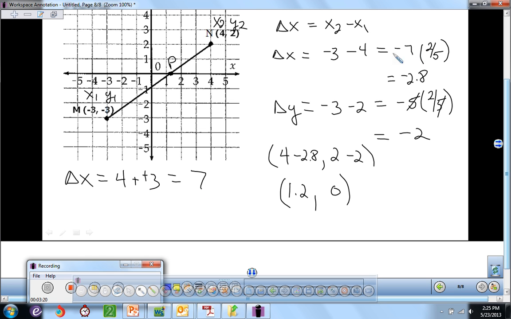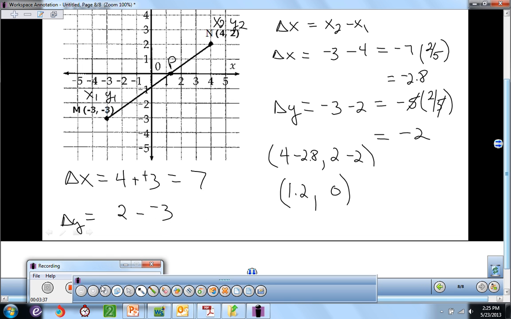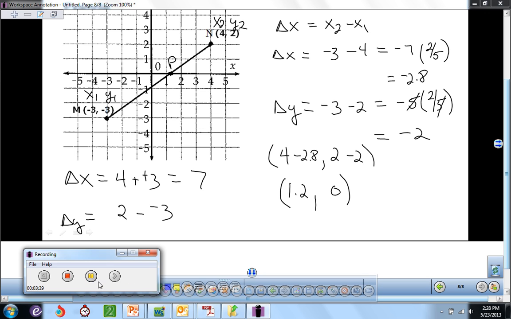You'll notice that the change is the same, just positive instead of negative. Let's do the same thing for y. We'll take 2 minus -3, and we end up with 5 here. So they have the same change, just different signs.